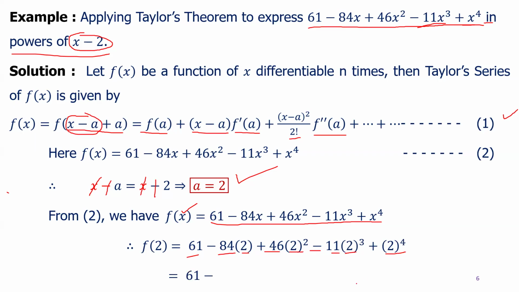If we simplify it, 61 minus 168, 46 into 4 is 184, 11 into 8 is 88, plus 2 to the power 4 is 16. Simplifying, we get 5.